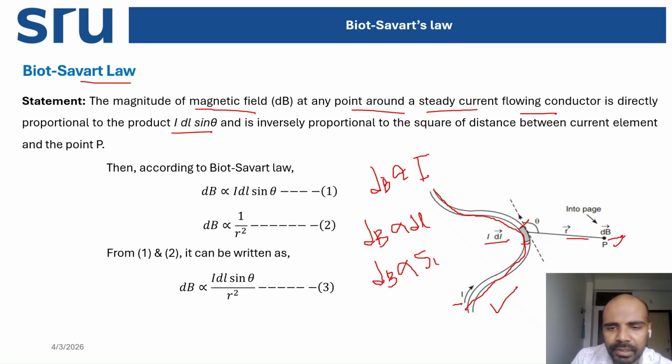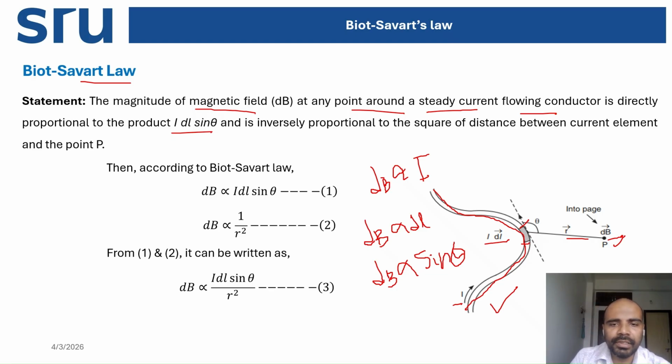dB, that is the magnitude of the magnetic field due to the small current element I dl, is proportional to sine theta, where theta is the angle between this current element I dl and the radial vector to the point P, where we need to calculate the magnetic field due to this current element.